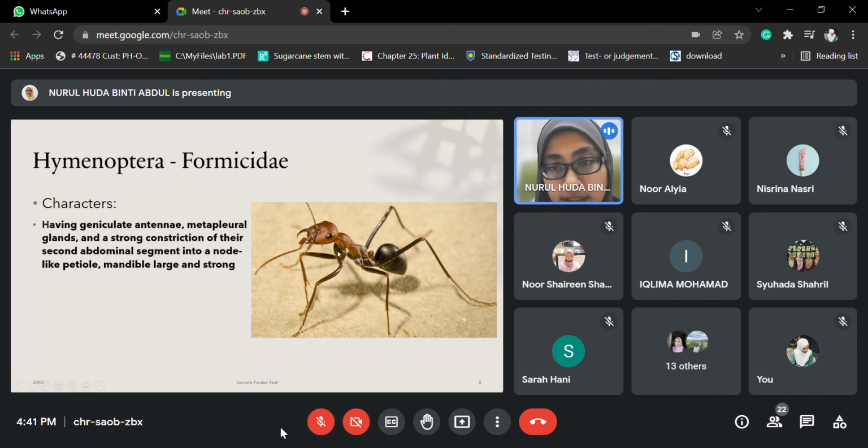Kan nampak ni adalah dia punya coxa. Yang ni pun dia punya coxa. Trochanter is actually here, yang small one here. So coxa, trochanter, femur, tibia, and then this part is tarsus, at the end is claw. Okay, so now let's move to another part.